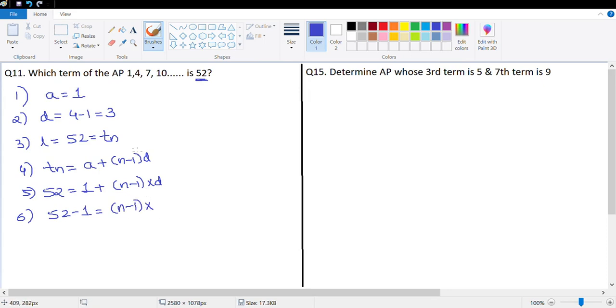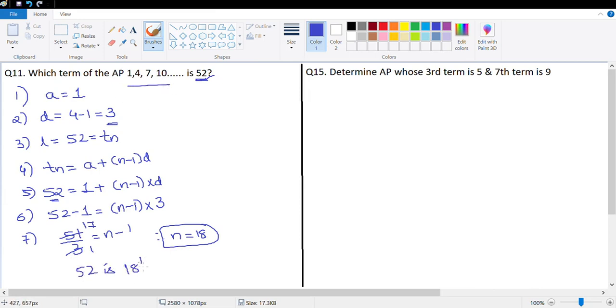D in this case is 3. Yeah, that's a mistake that I had done. This is the nth term. So this would be 52 minus 1, 51 divided by 3 is equal to n minus 1. 51 by 3 is 17. Therefore, n is equal to 18. So 52 is basically the 18th term of the given AP.